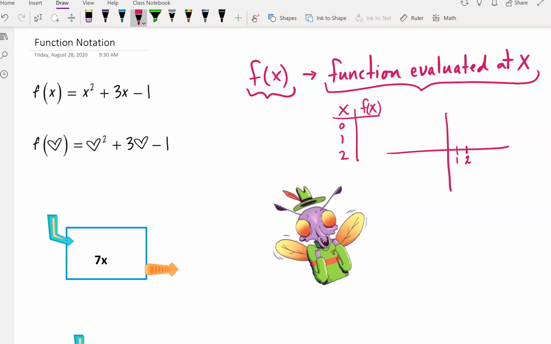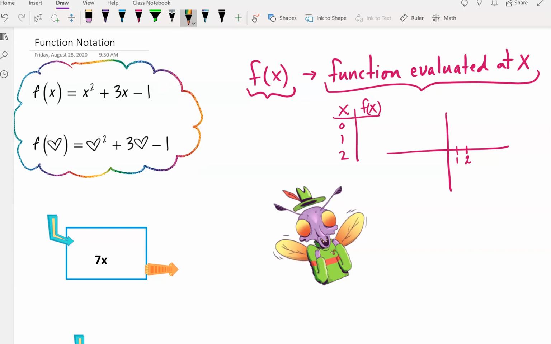And the first thing I'd like you to take a look at here on our screen is just how these two expressions kind of look the same. What I want you to notice is how this X has changed to a heart right here, right?